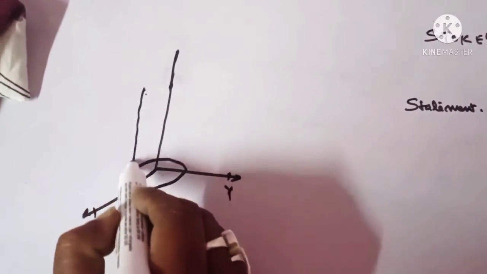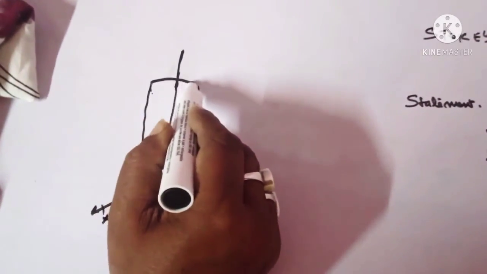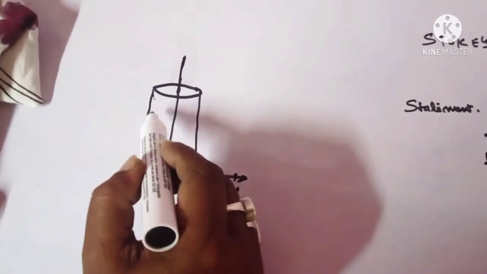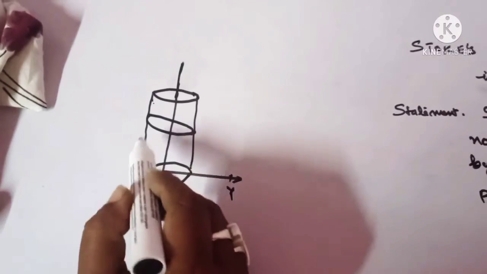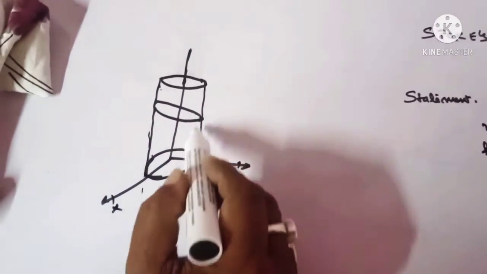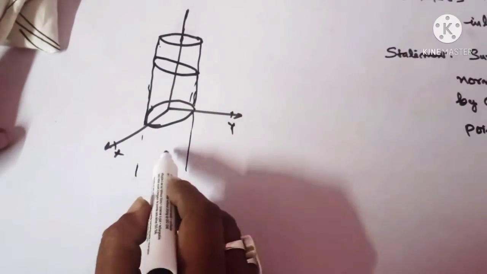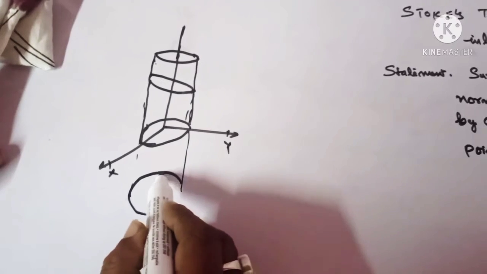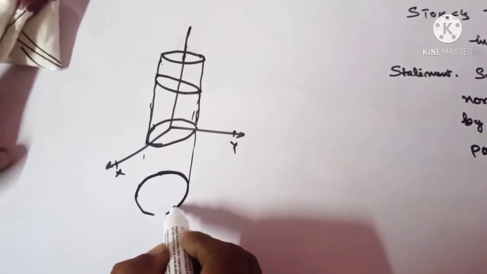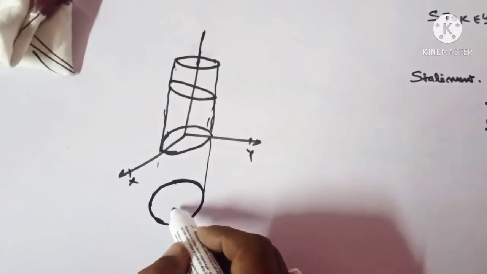This is your cylinder, and the surface after intersection with the cylinder is this. Now you make a projection of this in the xy plane. When you make a projection of this, you are going to get a circle.